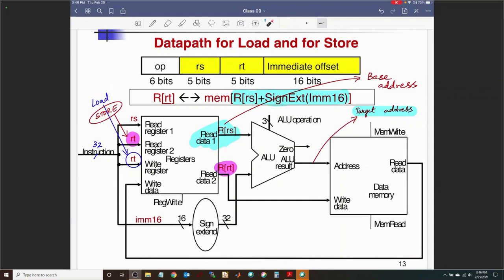Memory write and memory read are enabled or disabled by the corresponding machine code to store or load. So a control unit has to send out those memory write and memory read signals depending on the ALU operation code.